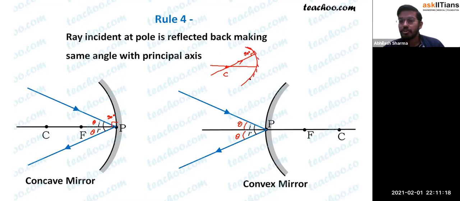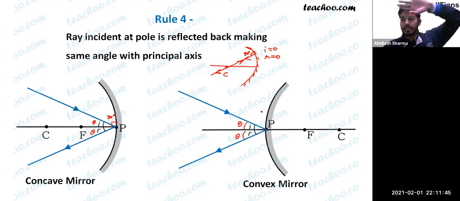And whenever a ray falls at 90 degrees to the mirror, that means the incident ray and the normal are parallel to each other. They are coinciding. If the incident ray is parallel to the normal, its incidence angle is 0. So what must the reflection angle be? It must also be 0. That means the reflected ray must also be parallel. It must just come back like this, retrace its path. So a very important point you learned here. If the ray passes through the center, then it retraces its path.